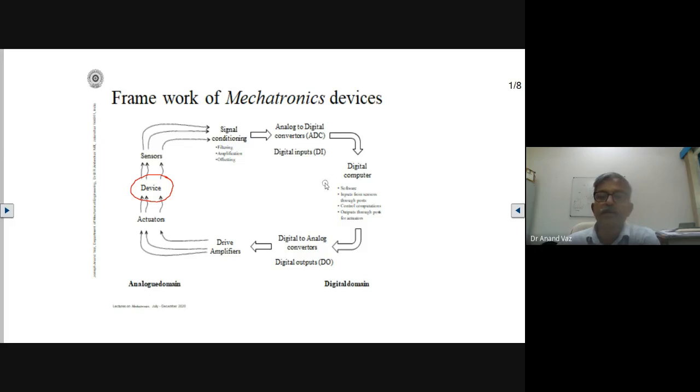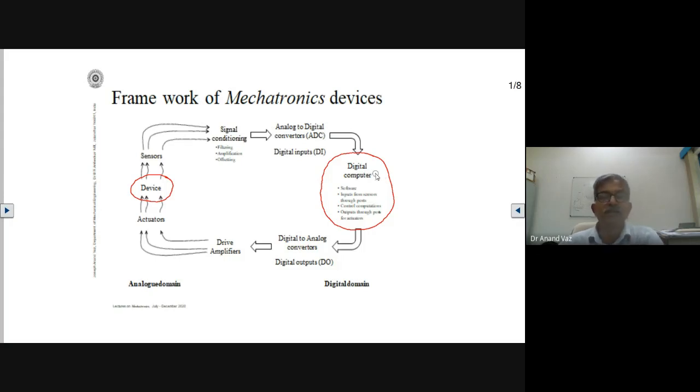In contrast, you have the digital domain, which is actually doing the controlling. This is where the software, the inputs from the sensors, the control computations and the outputs to the actuators, the commands, are issued from. This entire thing is in the digital domain. It's a digital computer.